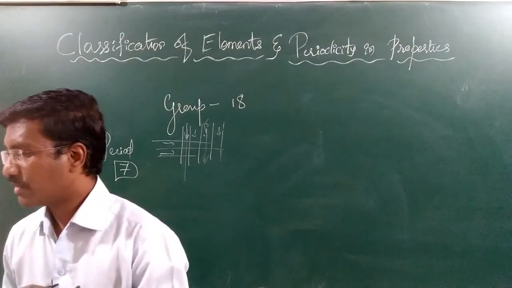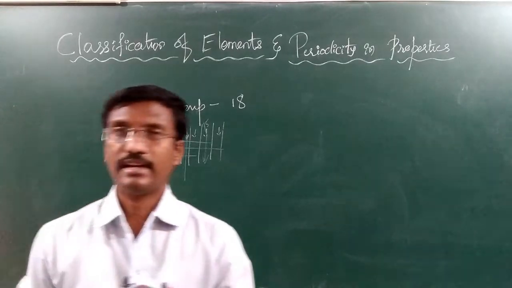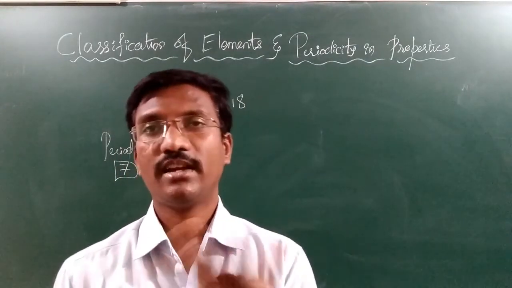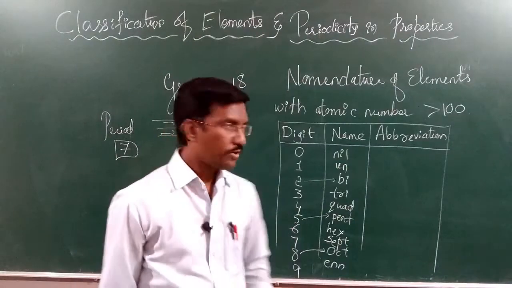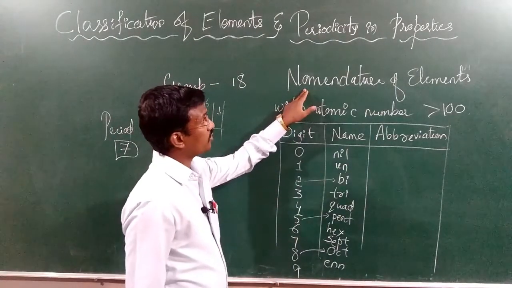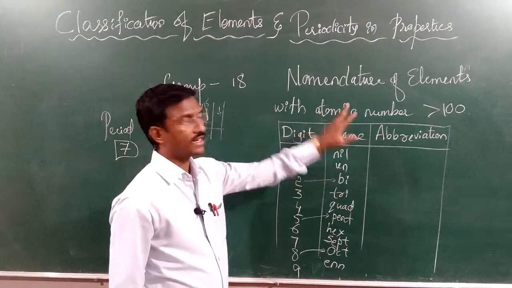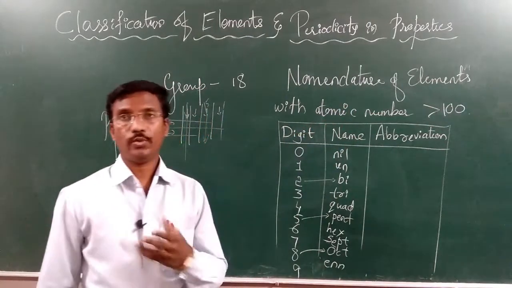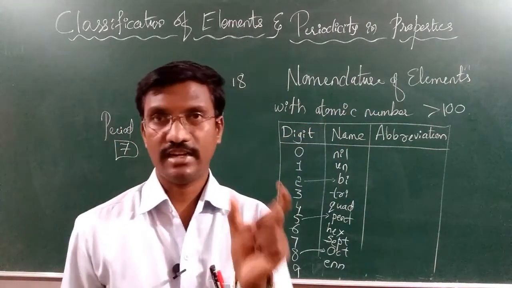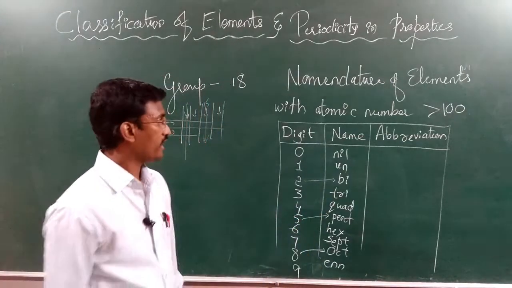So let's begin: nomenclature of elements with atomic number greater than 100. How is it possible to write the names of such elements?